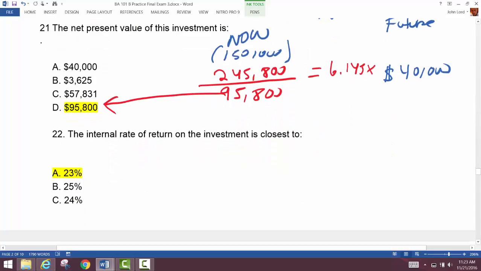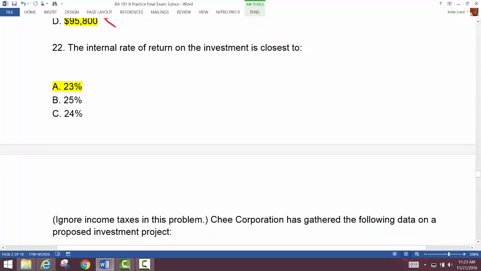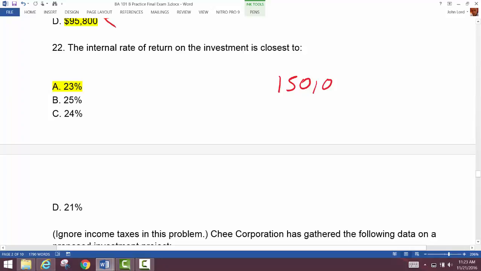Okay, good. Now, let's take a look at the internal rate of return. The way we do the internal rate of return is we have to basically use this table backwards, don't we? So we know that we have to cough up 150,000 on this project.